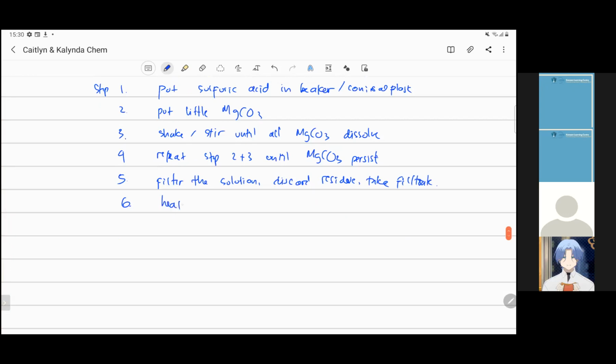Heat the filtrate until, okay, only a little water is left, until crystals form and a little water is left.